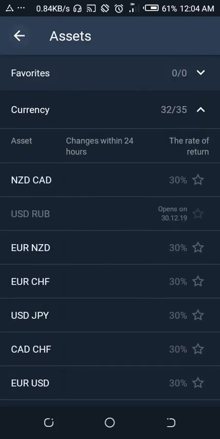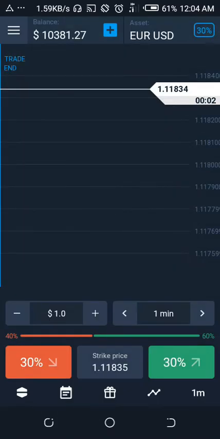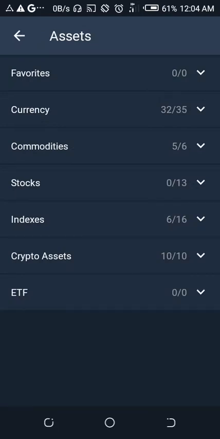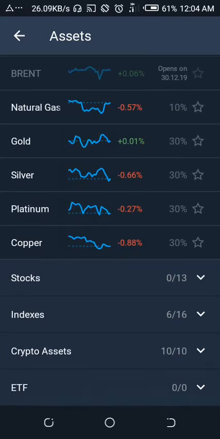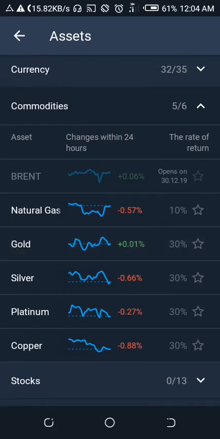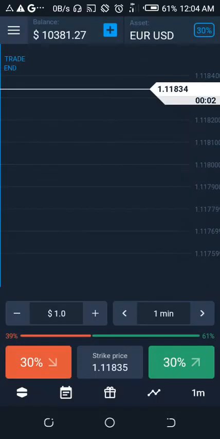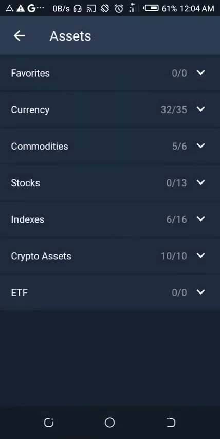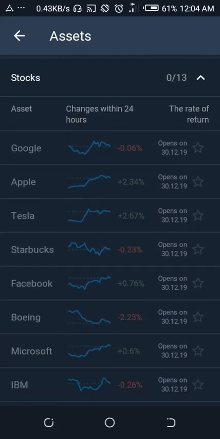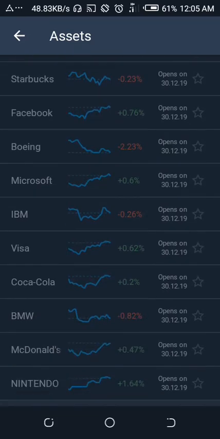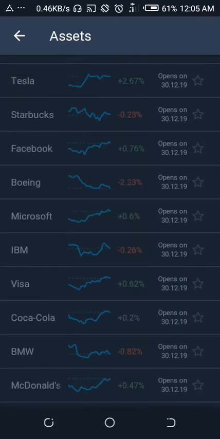Likewise, you can trade on commodities. Here is the list of the commodities available on Trade. Then you can also trade on stocks. We have stocks like Google, Apple, Tesla, Facebook, as you can see on Trade.